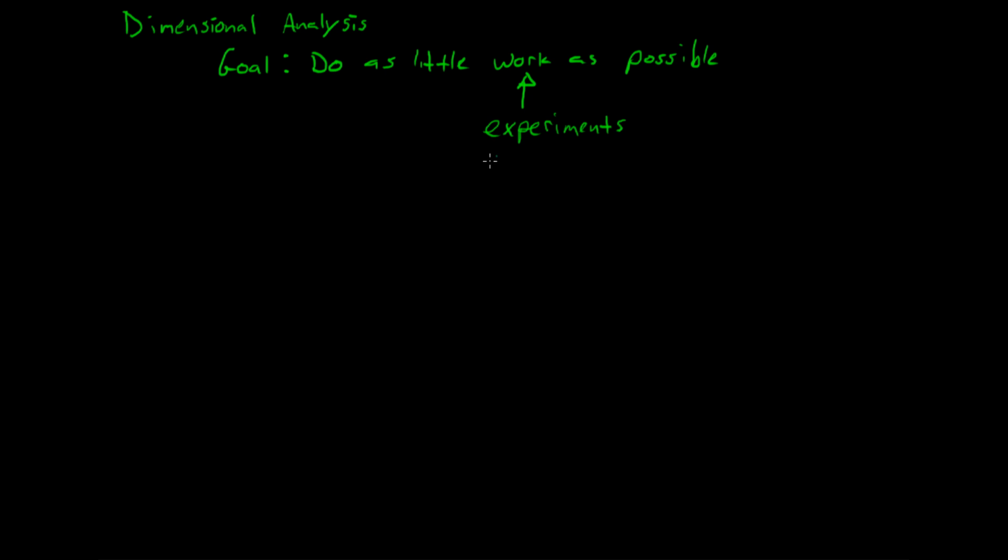We call that computational fluid dynamics, CFD. And so we can do experiments, we can do simulations, all of which cost somebody money, and we want to spend as little as that as we can.